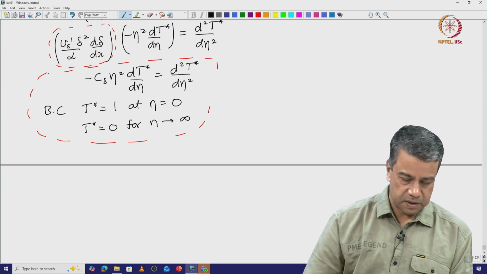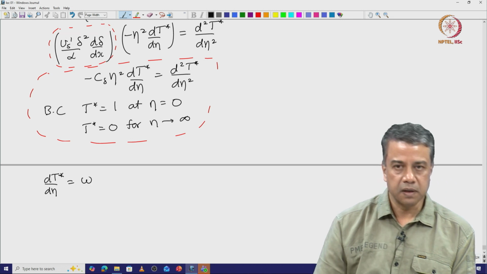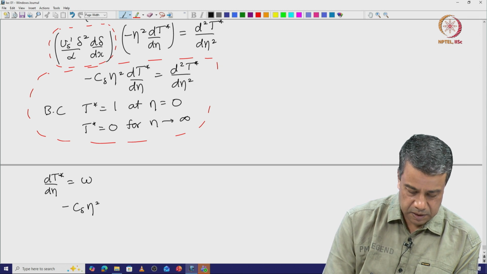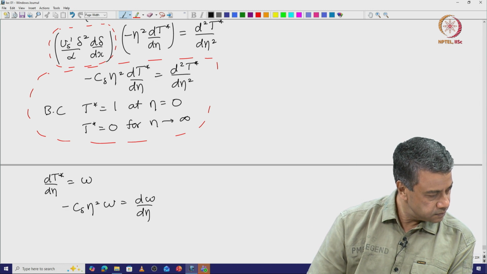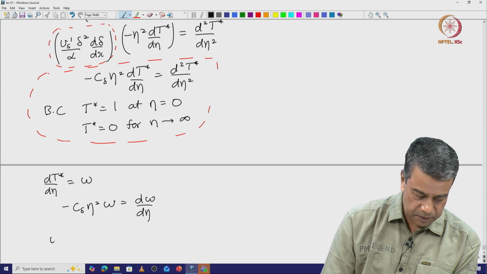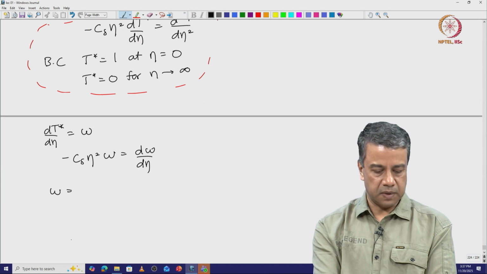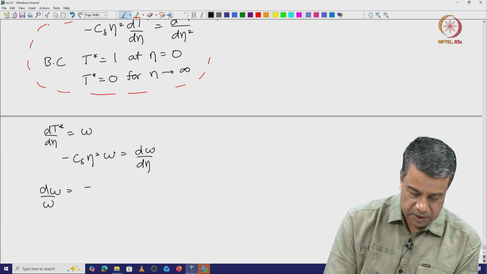So, how do we solve this equation? We have to define dT star by d eta is equal to some new variable w. Therefore, I will get minus c delta eta square w is equal to dw by d eta. Dividing throughout by w and multiplying by d eta, we will get dw by w is equal to minus c delta eta square d eta.